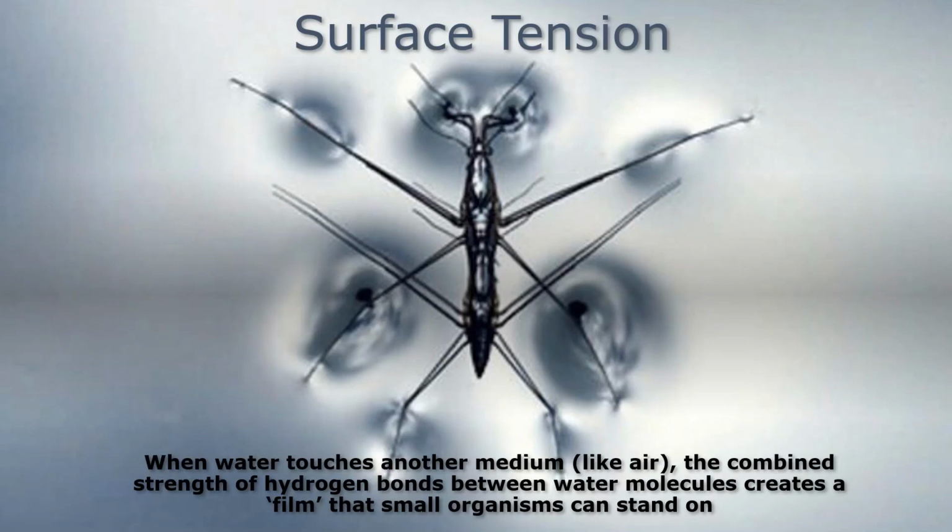If you look at this concept of hydrogen bonding and you look where water touches another medium, like air, like on the surface of a pond or surface of a lake or something, right? You get this film that forms on top that I kind of mentioned.